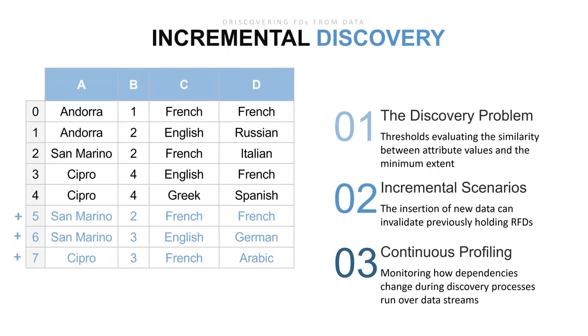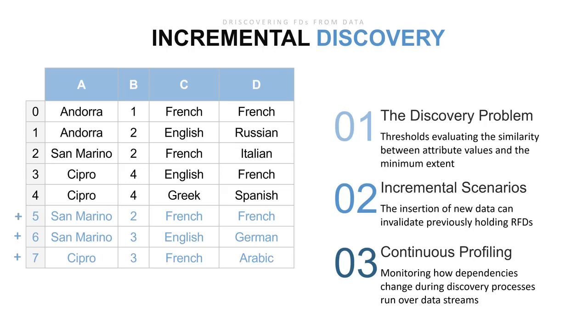Relaxed functional dependencies in general can be specified by hand, but due to the necessity to define similarity thresholds and the satisfiability threshold, defining relaxed functional dependencies manually results in a complex task. Thus, it is desirable to have means to automatically discover them from data. In the literature, several efficient algorithms for discovering RFDs have been defined.